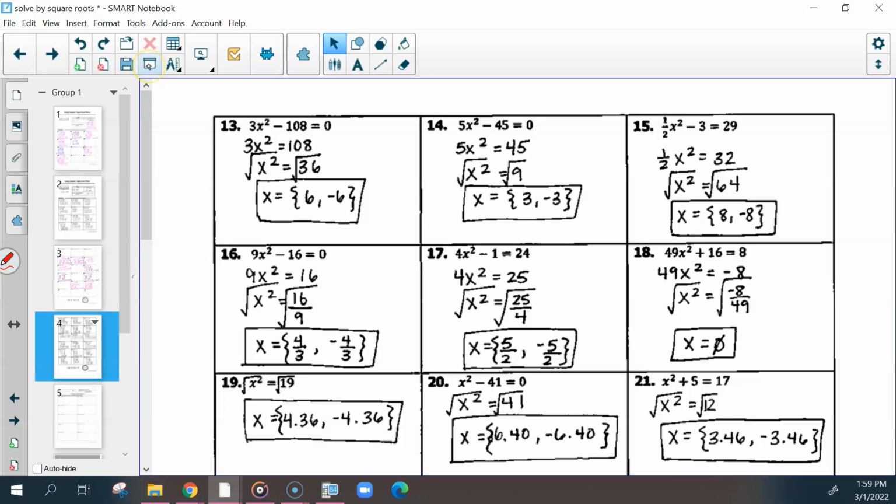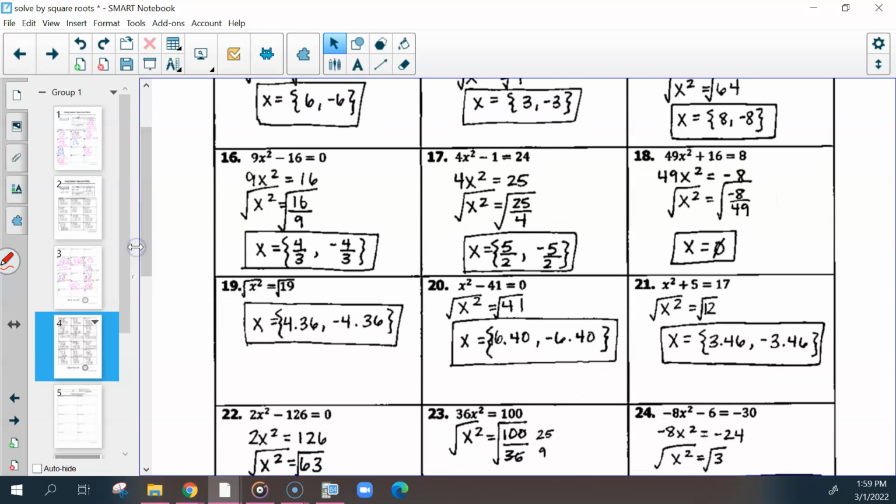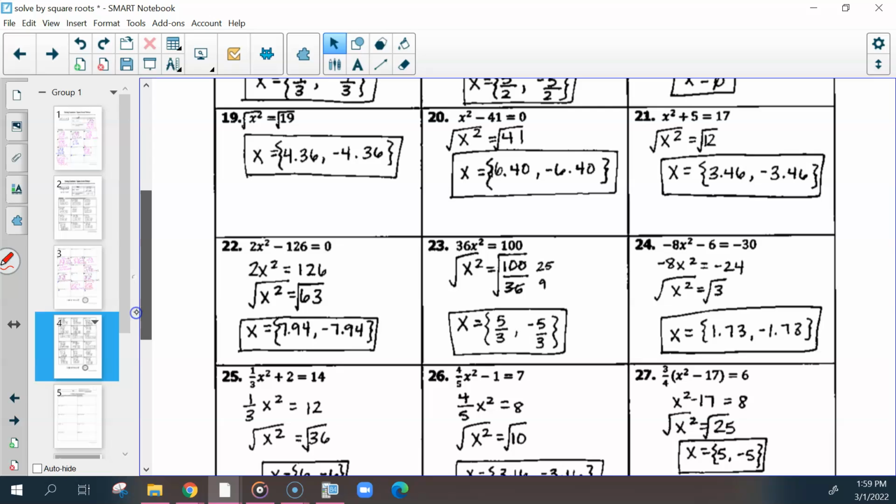On the second page, number 13 was negative 6, 6. Number 20, so these only have 2 decimal places, and I don't remember what the third is, but negative 6.40, I think it was 3, and then positive that. 23 should have been a fraction. Keep that one as a fraction because it has perfect squares.